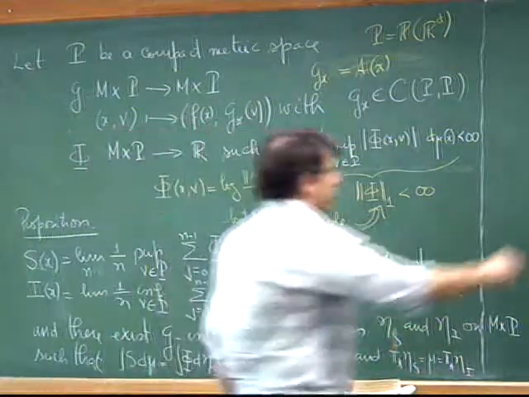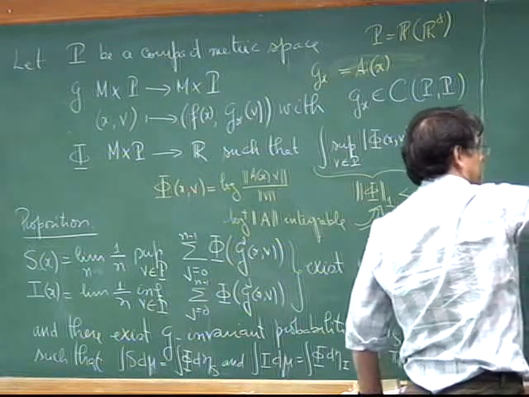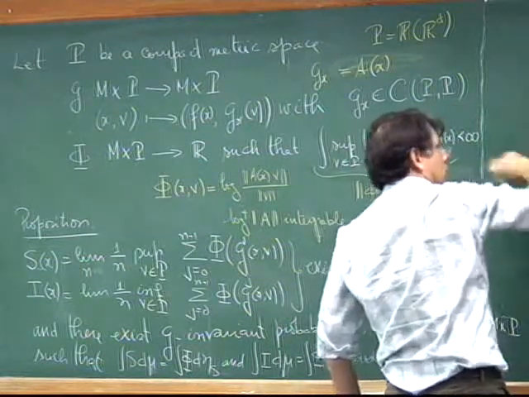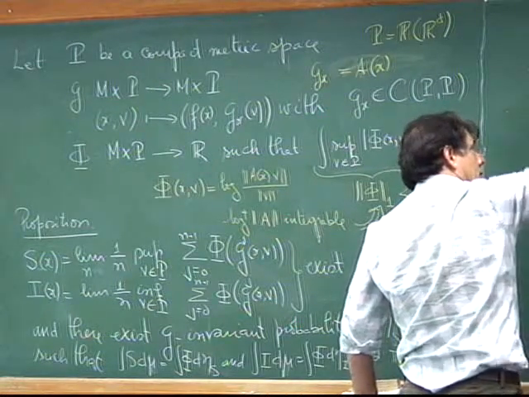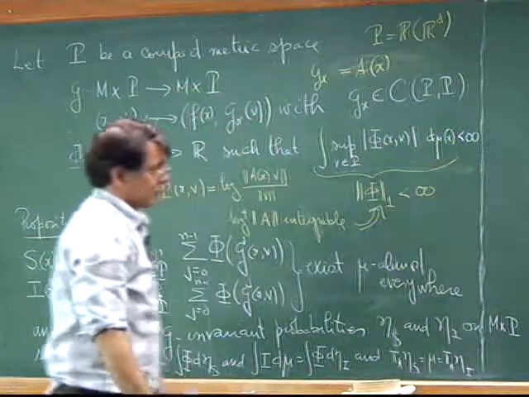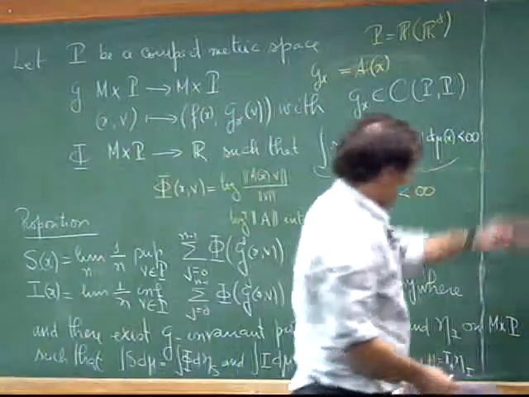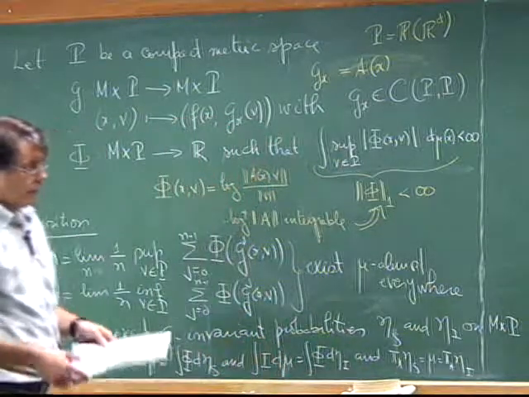Okay, so the picture is you have the product space. This is M, this is P. Eta I and eta S are measures here. When you project them down, you get mu. This is the first projection, the first coordinates. Okay.